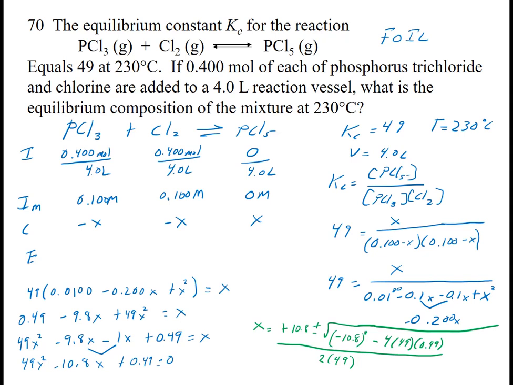So when I do the positive term, x is equal to 0.156. When I do the negative term, and what I'm talking about positive versus negative is this is the positive, that's the negative, I get a 0.0639.